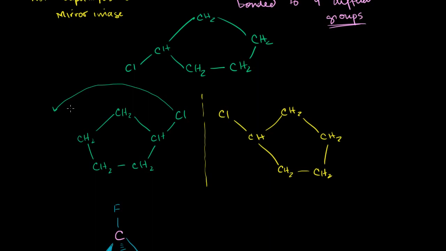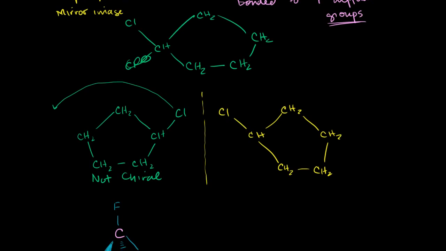If you were to rotate this all the way around, or actually this is almost 180 degrees, it would look like this. And the only difference between this and this is just how we drew this bond here. I could have easily drawn that bond facing up like that. And these are the exact same molecule. So this molecule is also not chiral.